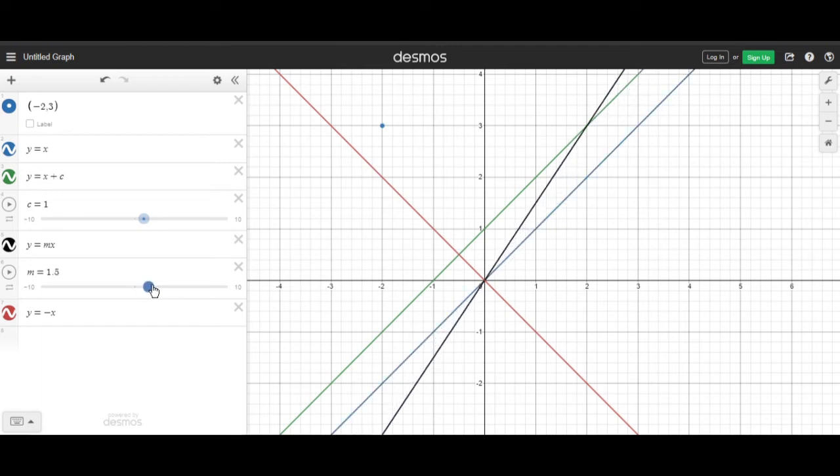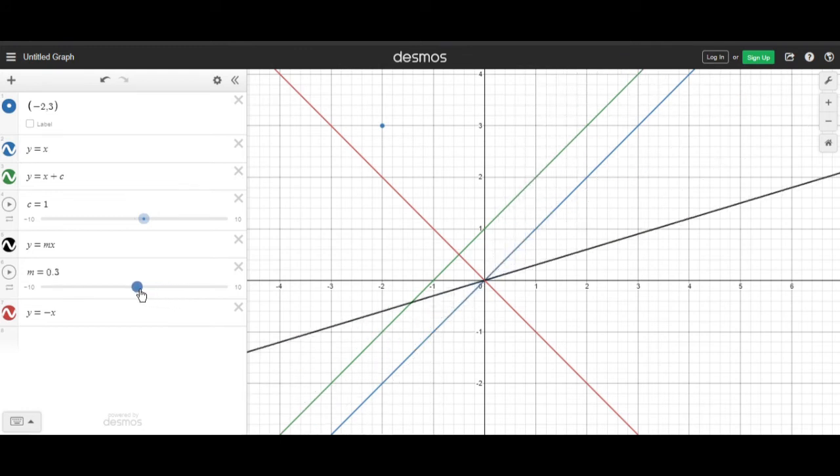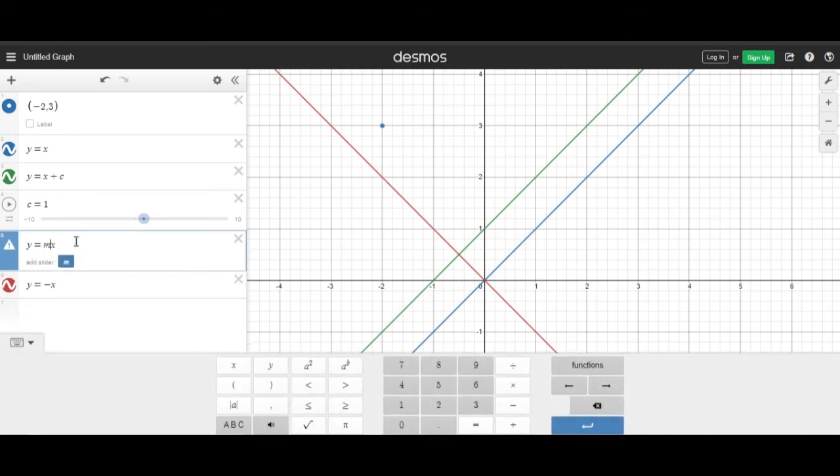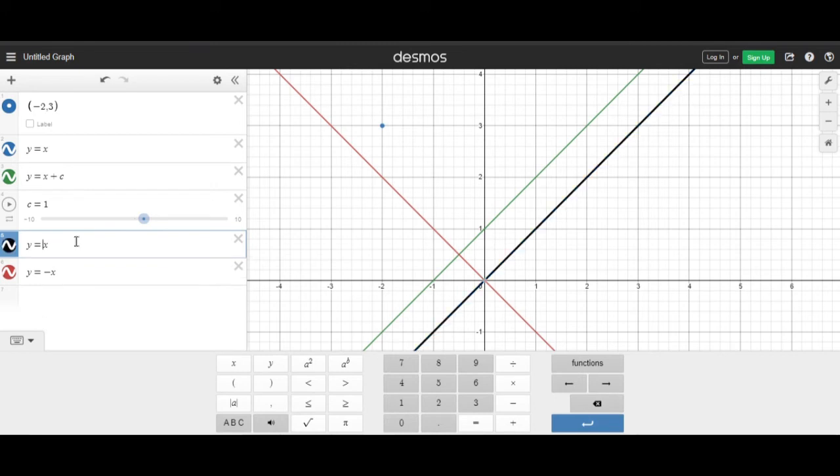I'm increasing the slope, the line is increasing. It's not shifting, this is only for increase or decrease. So the slope is increasing when I'm increasing the value of m, and decreasing when I'm decreasing the value of m. This is how we increase or decrease the slope.